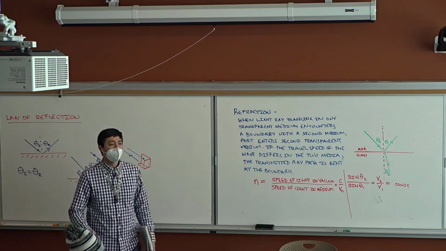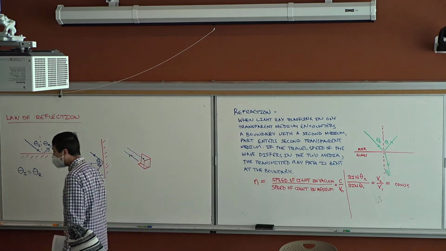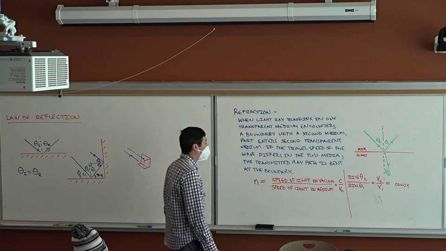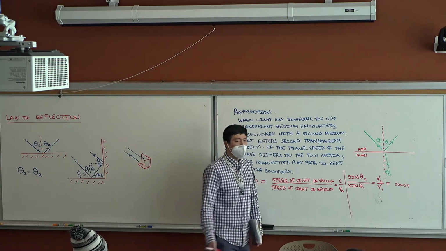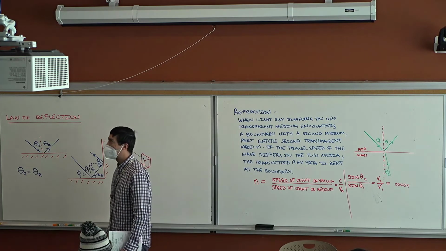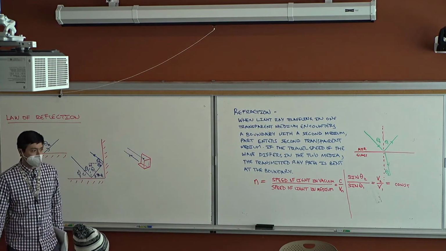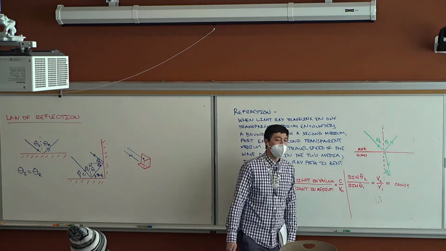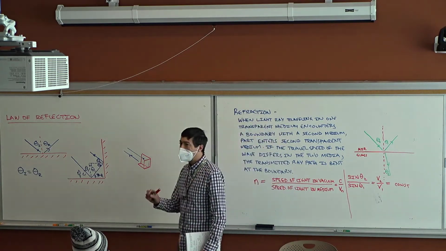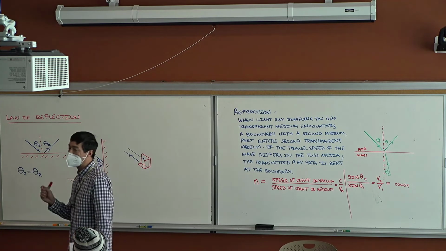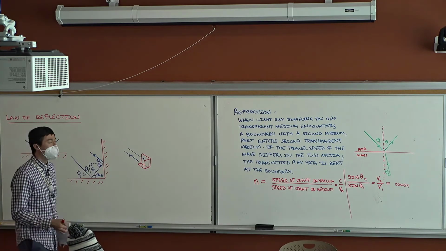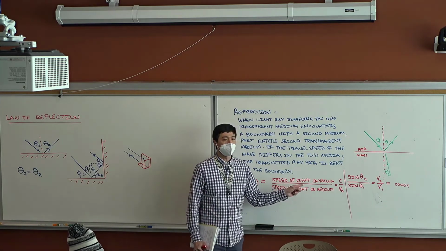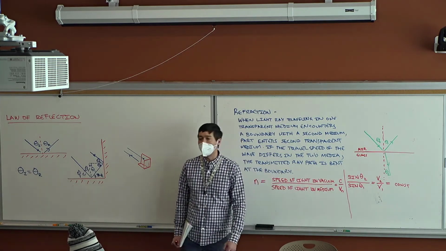What I will tell you is that air is sparse enough that the speed of light in vacuum is just a tiny little bit faster than the speed of light in air. And so, for the most part, when we talk about speed of light in air, I'm still going to pretend it's c.